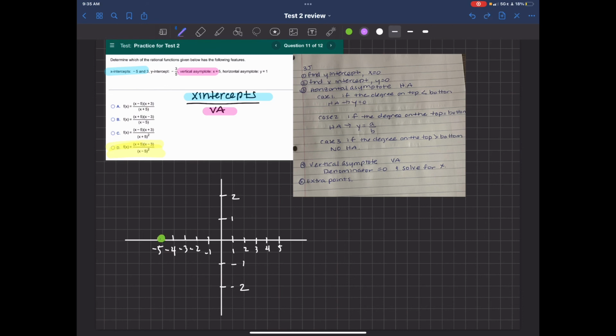And then if I have another x-intercept at 3, that's another place that the graph will touch or go through. I also have a y-intercept, so the graph is going to go through the y-axis at -3/5, which is like -0.6.